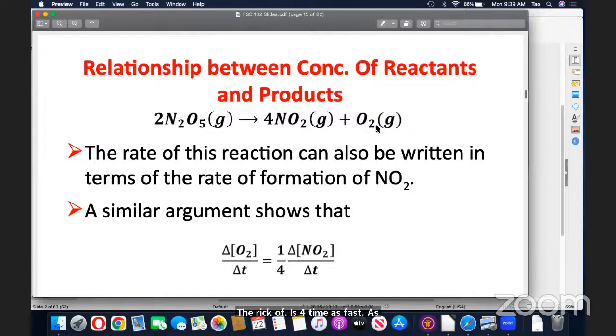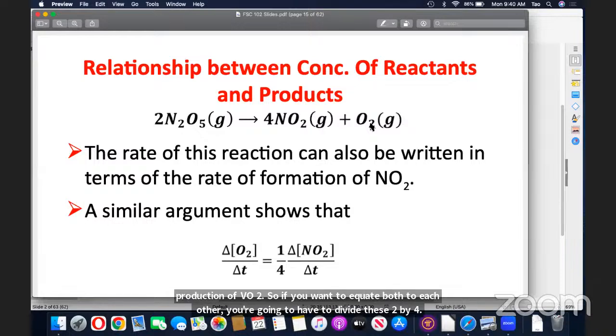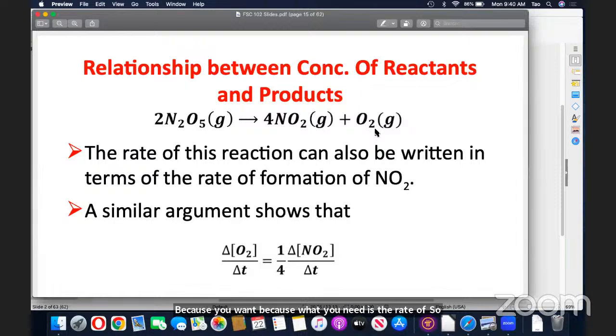So if you want to find the rate of formation of O2 from the rate of formation of NO2, you're going to have to divide whatever you have for NO2 by 4.